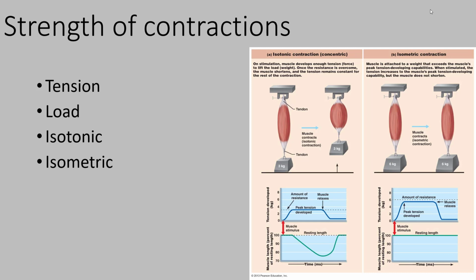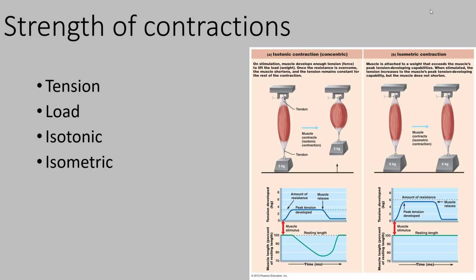And load is just the opposite. It's the force exerted by whatever we're trying to move with that muscle. So tension, the force exerted by the contraction of the muscle. Load, the force exerted by whatever we're trying to move with that muscle.